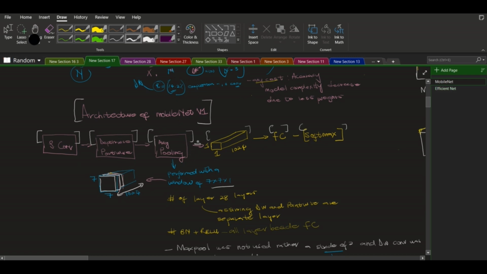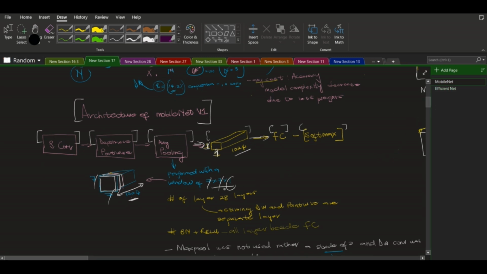The output of this average pooling is going to be 1 by 1, because it's going to be 7 by 7 like so. Then we get the output of 1024 by 1 by 1. Then we push this towards the fully connected layer.